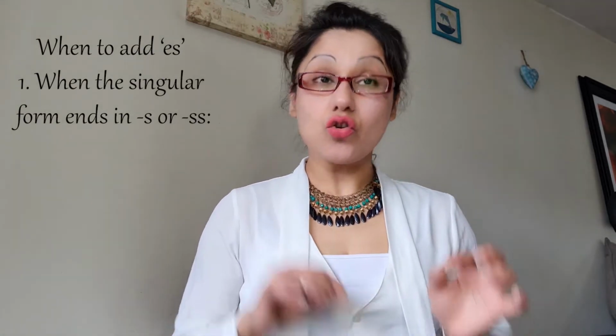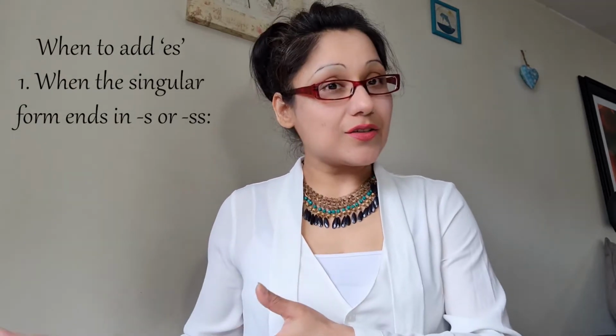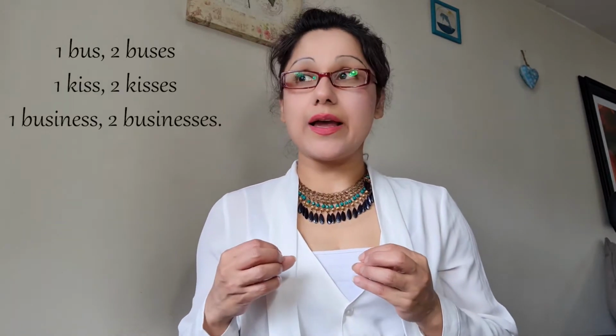When the singular form ends with an s or double s. What do I mean by that? If the word is bus, B-U-S, at the end we have s. That is when you make it into plural by adding es. One bus, two buses.